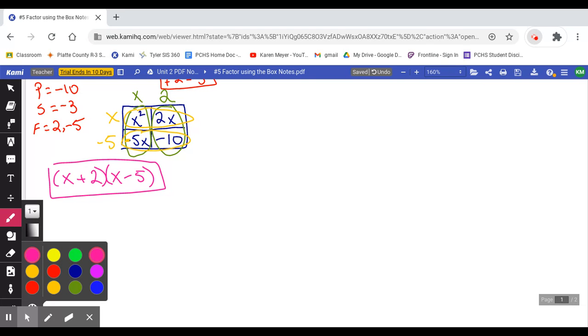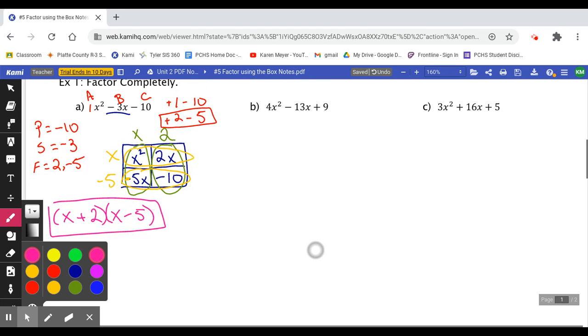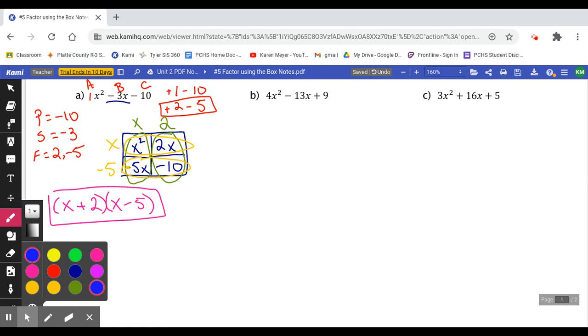Okay, now let's move on to the next one. Is there a GCF? And the answer is no. So the product is 4 times 9, which is 36. Sum is -13. So what are two numbers that multiply for positive 36 and add for -13?